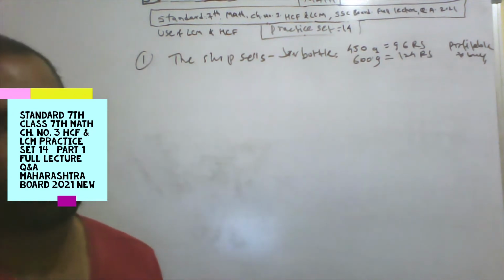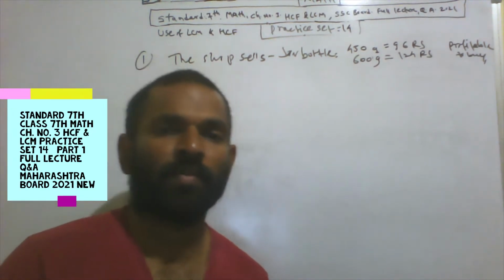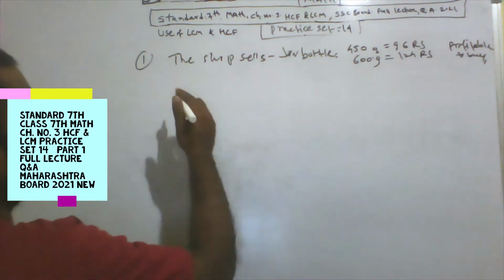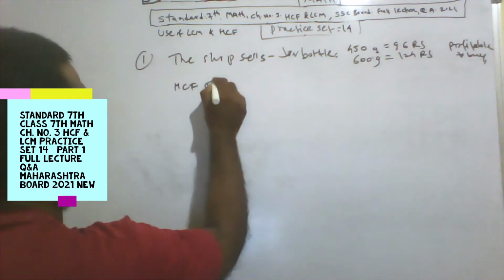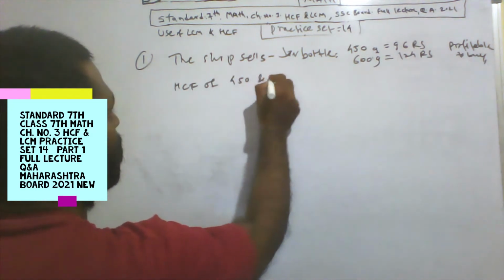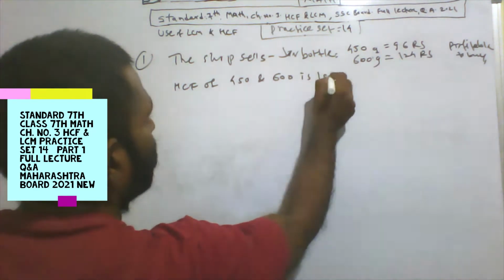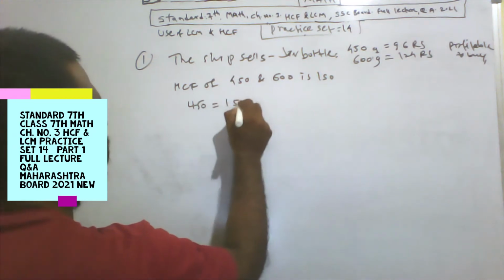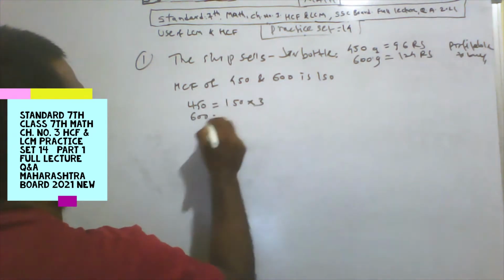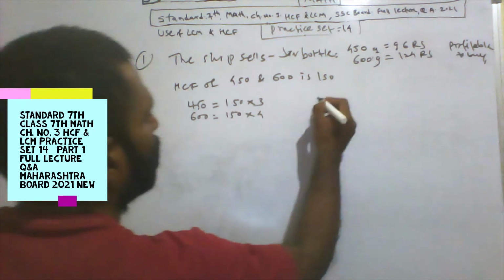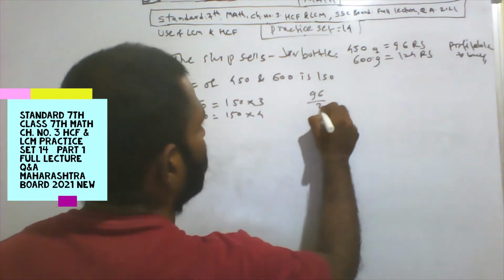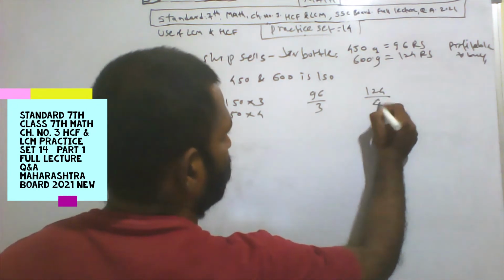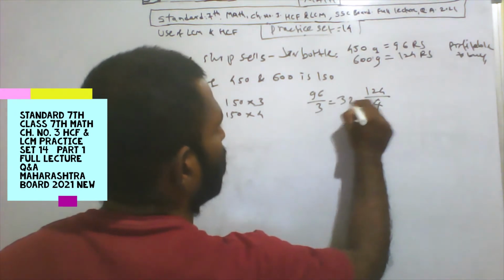But today we are going to see how LCM and HCF help in this type of problem. The HCF of 450 and 600 is 150. How? 450 is equal to 150 into 3, and 600 is equal to 150 into 4. Now 96 divided by 3 and 124 divided by 4, the answers are 32 and 31.